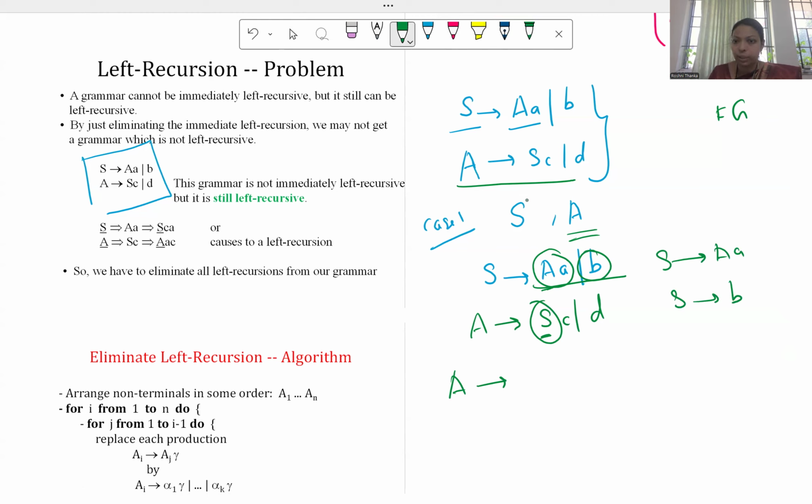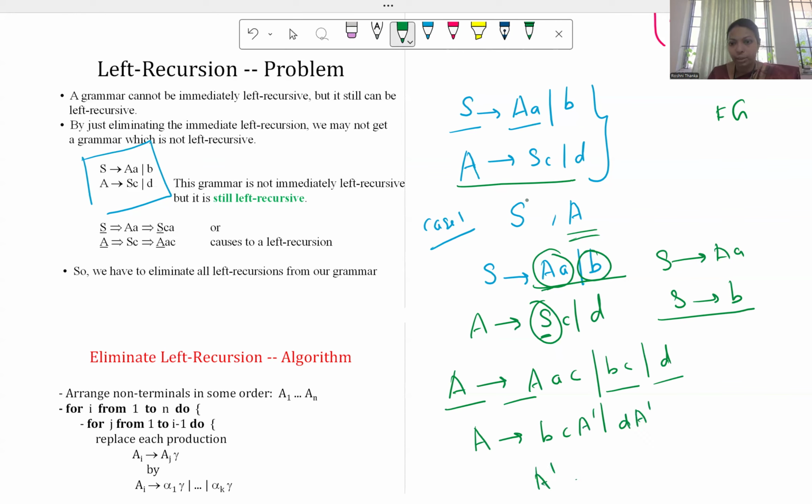So I'll write the first production A and then C. This S can also be B, so I can say BC and then D. Got it? Now you can see there is a left recursion. How will I change it? A tends to take the remaining production. So A tends to BC A dash, also D A dash. And then A dash tends to AC A dash, epsilon. Got it?